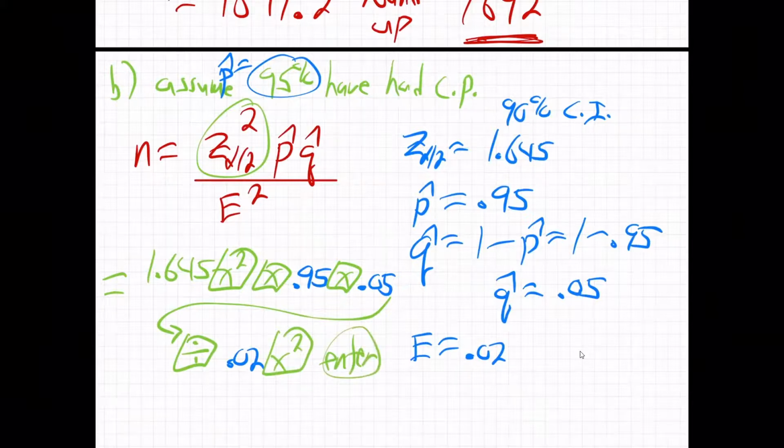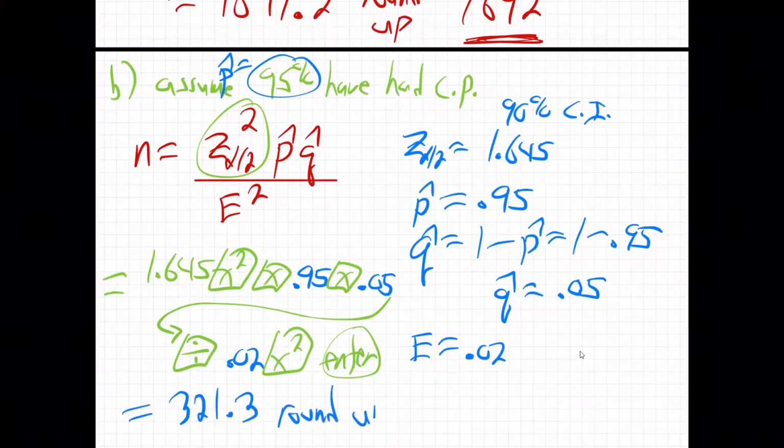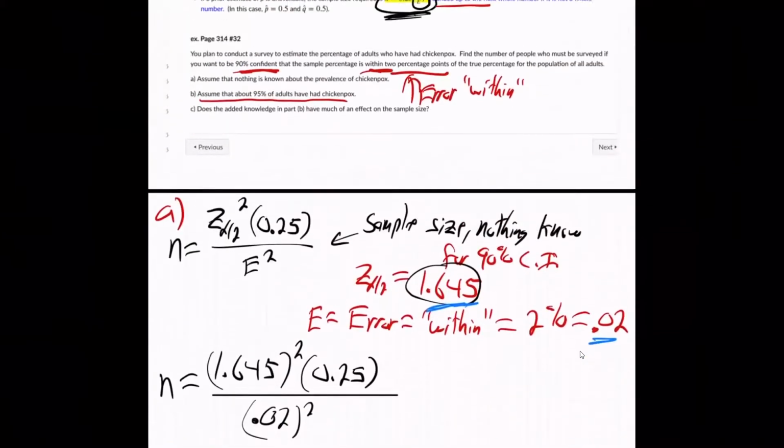So literally hit those buttons, and you'll get the answer. 1.645 squared times P hat, Q hat, over 0.02 squared. And I get the answer 321.3. Remember, we always round up. So you got to have 322 in your sample. Is this making sense here?